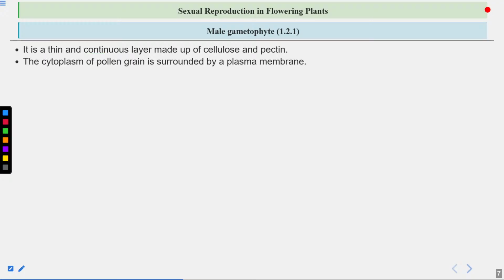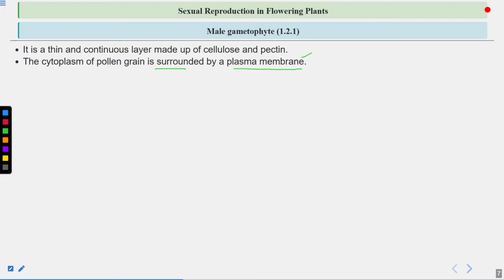The cytoplasm of the pollen grain is surrounded by the plasma membrane. Just inner to the intine, there is a plasma membrane or a cell membrane. And they have a good amount of cytoplasm in the pollen grain, right?